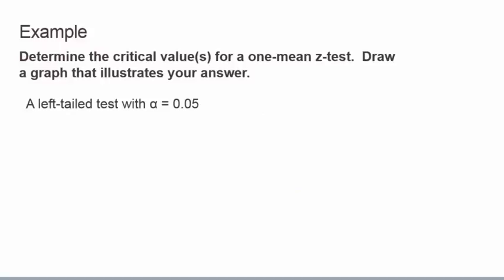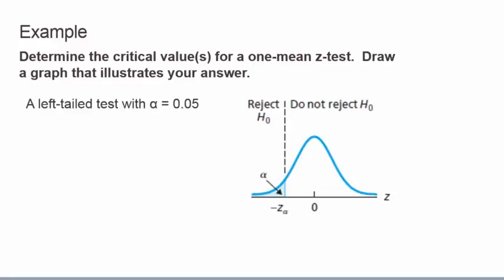Example. Determine the critical value or values for a one-mean test. Draw a graph that illustrates your answer. A left-tailed test with alpha equals 0.05. So let's start with what a left-tailed test would look like. We would have negative z sub alpha as our critical value, and alpha would be shaded to the left.